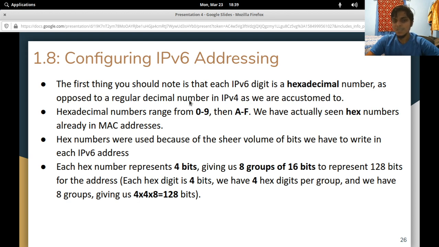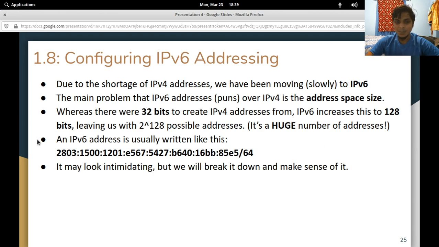The big reason we've moved to hex in IPv6 is that we have so many more bits to represent now. If we used decimal in the same way as for IPv4, we would write something like 192.168.1.1.224.191.100.95, and it would be a huge string, even bigger than this, going over to the next line.